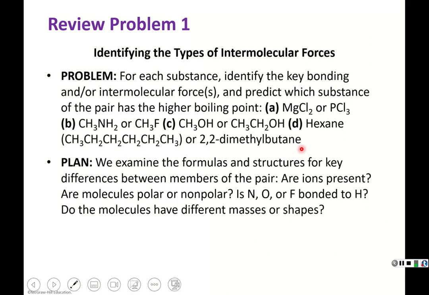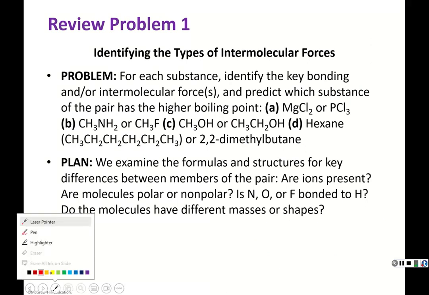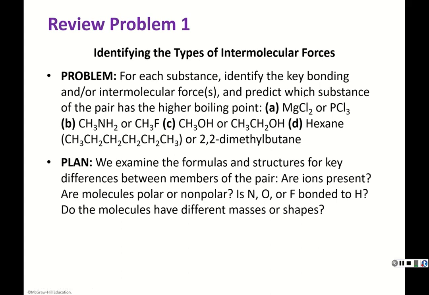So let's try a practice or review question on intermolecular forces. Okay, so for each substance, we need to identify key bonding and/or intermolecular forces and predict which substance of the pair would have the higher boiling point. For the first one, magnesium chloride, that's ionic. Okay, so that has very strong interactions.